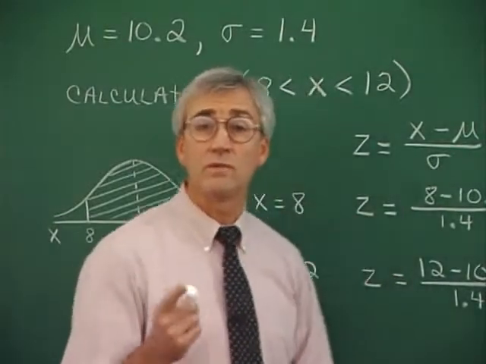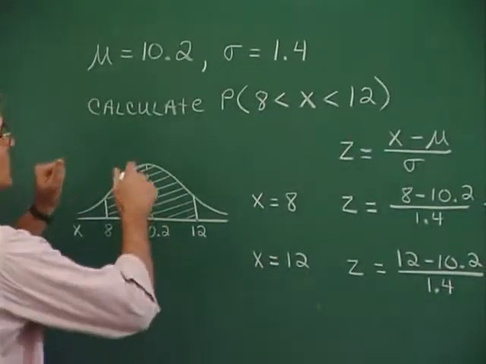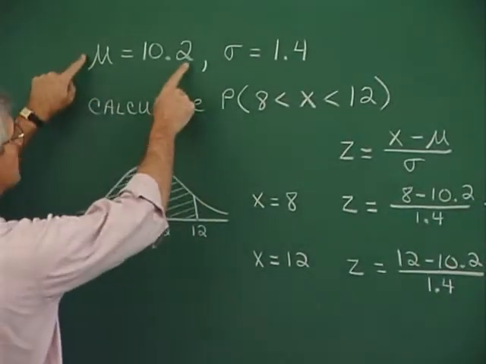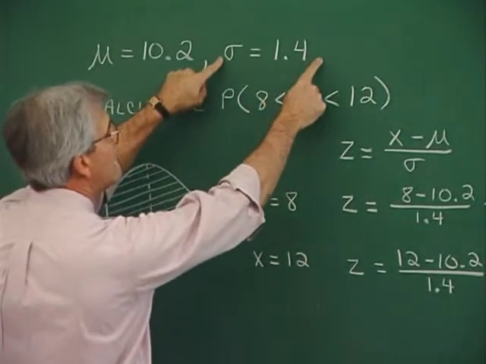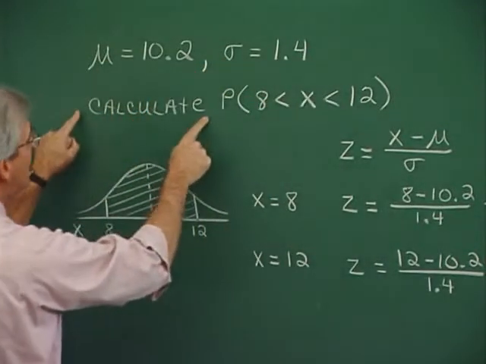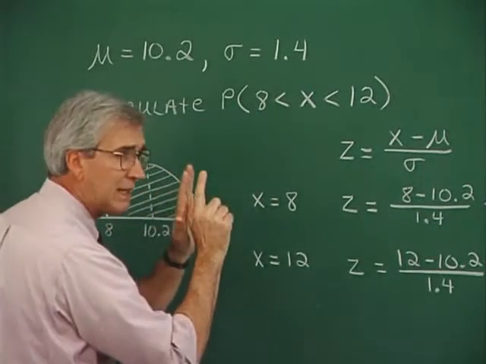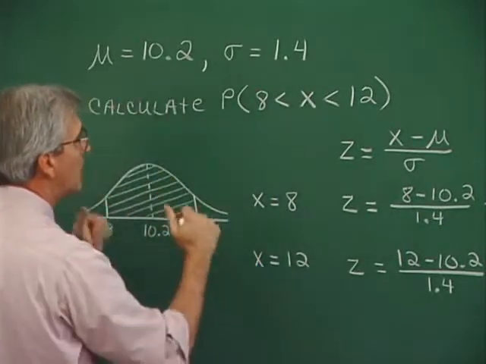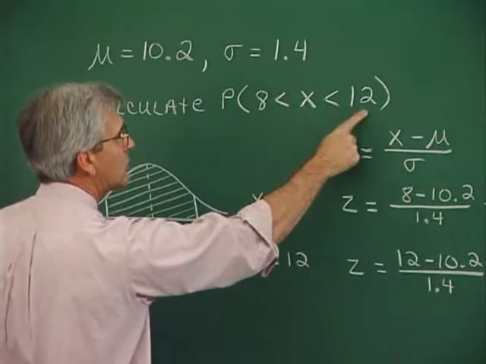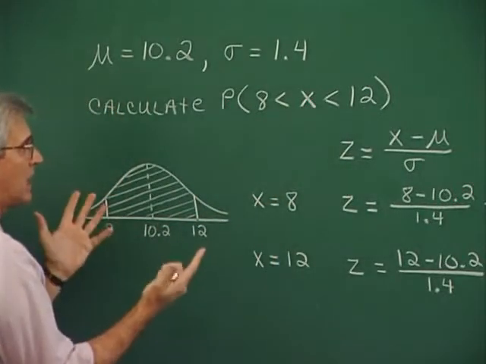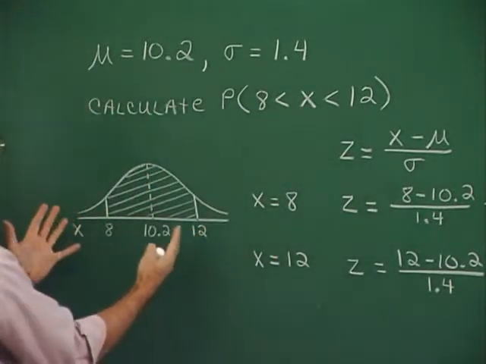Consider this problem. We've seen problems like this in the past. Suppose we have a population whose mean is 10.2, standard deviation of 1.4, and we want to calculate the probability that a randomly selected x from this population falls between 8 and 12. Now, to make the calculation, we can see it visually like this.